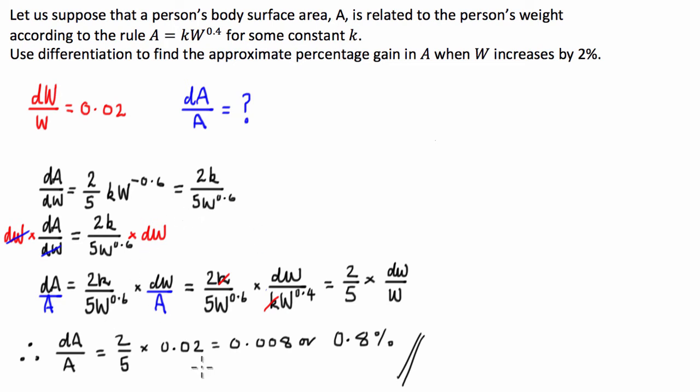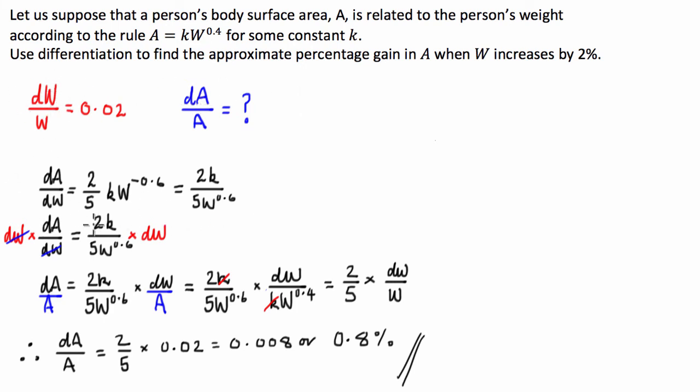Great. So guys, let's just go through what we've done here. I started by writing down each of the variables I'd been given. I'd been given the percentage change in the person's weight being 2%. They were asking me to look for the percentage change in the body surface area. I first differentiated the area of the person's body with respect to their weight.